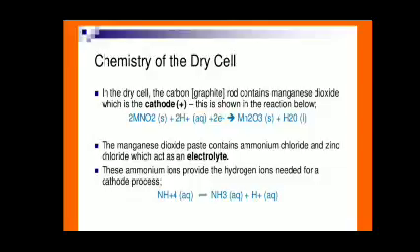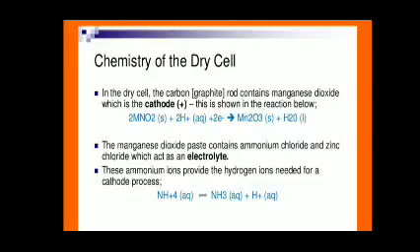In aqueous solution, ammonium ions produce ammonia plus H+ ions. Those H+ ions interact with manganese dioxide to form dimanganese trioxide plus H2O.